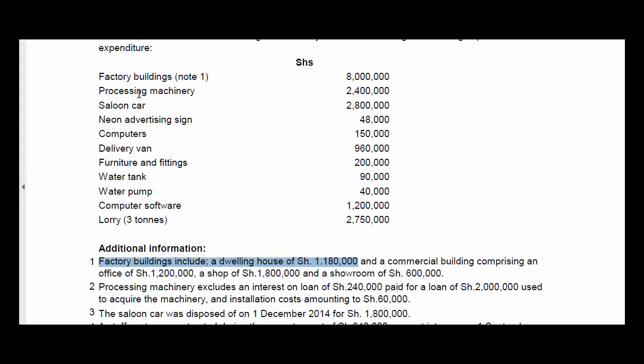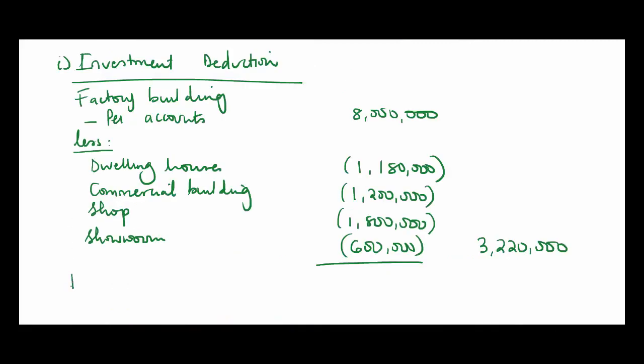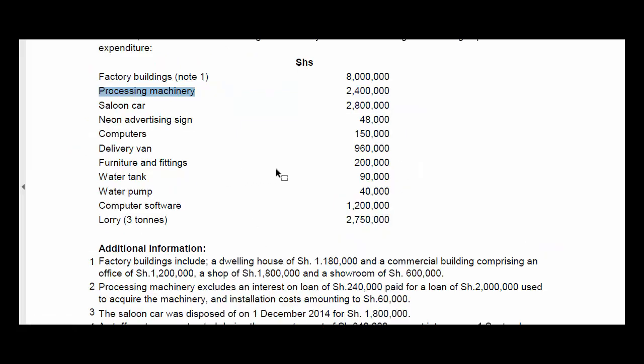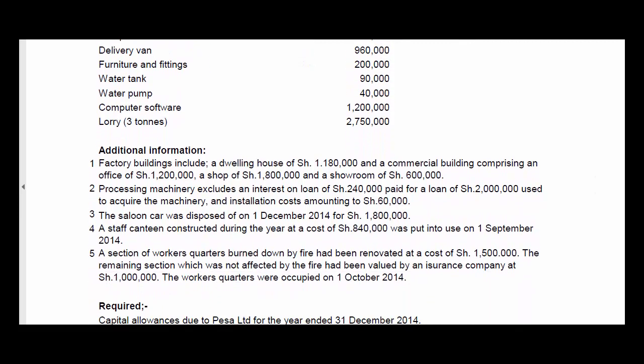In addition to that, what do we have? We have processing machinery, which is also part of manufacturing capability, 2.4 million. However, there was a note that I had seen relating to that processing machinery. So let's just look at it.